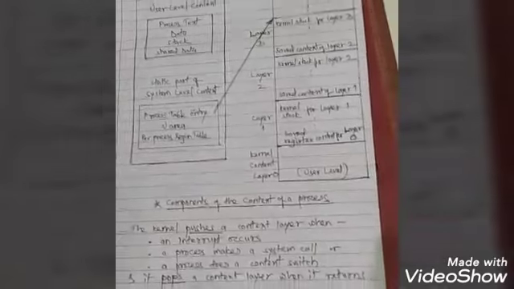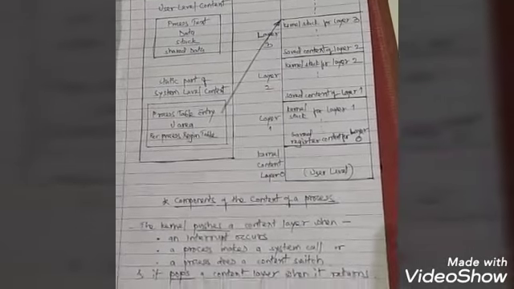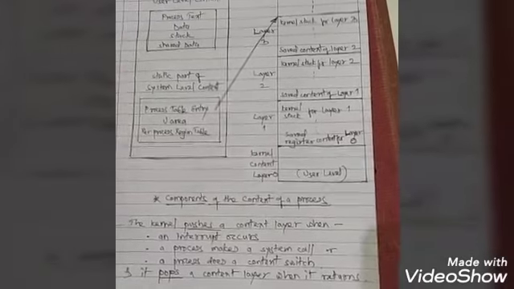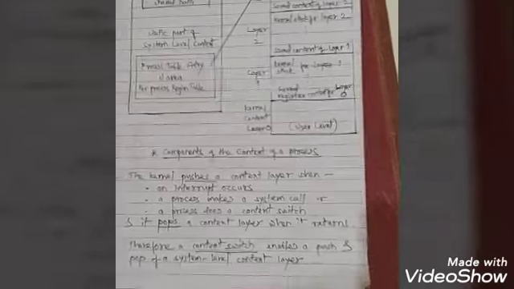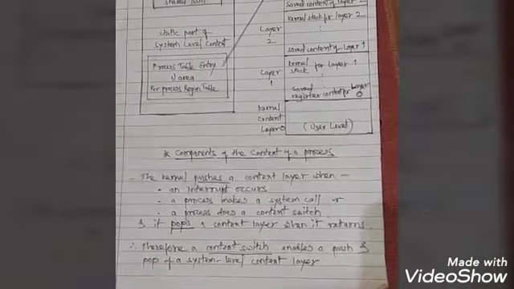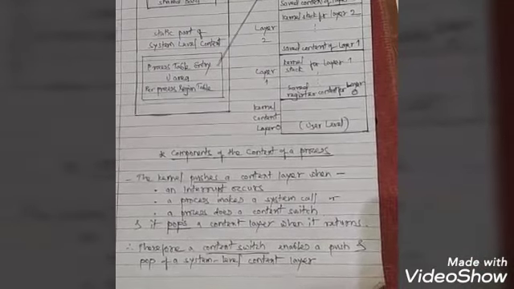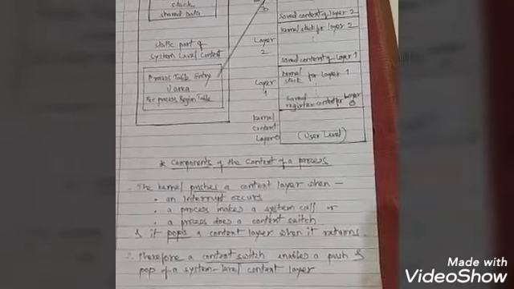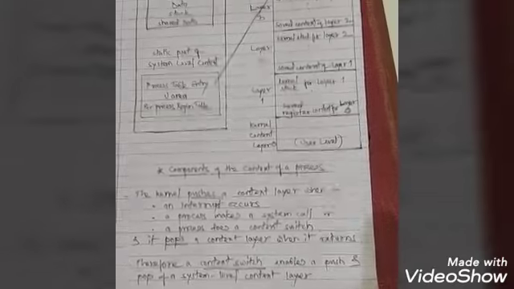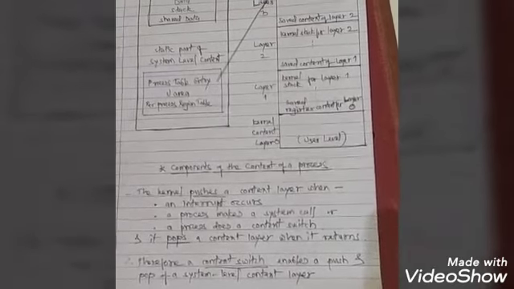So its execution is over or the time duration is over, a context switch has occurred, and the kernel pushes a layer. Similarly, the kernel pops or removes the context layer when it returns from it. Therefore, we can say the context switch operation enables the push and pop operations of the system level context.